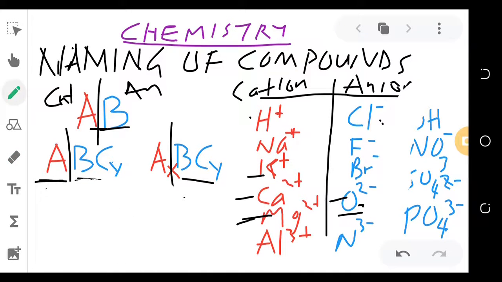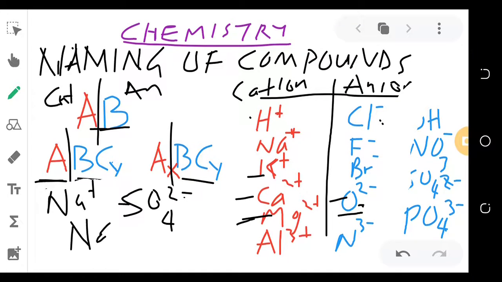We are picking sodium plus and SO4 2-. So in this case now, the 2 on the sulfate SO4 will be transferred to sodium. So we have Na2, and we have 1 on sodium. So we have SO4. That will be 4 times 1, that's 4, SO4.